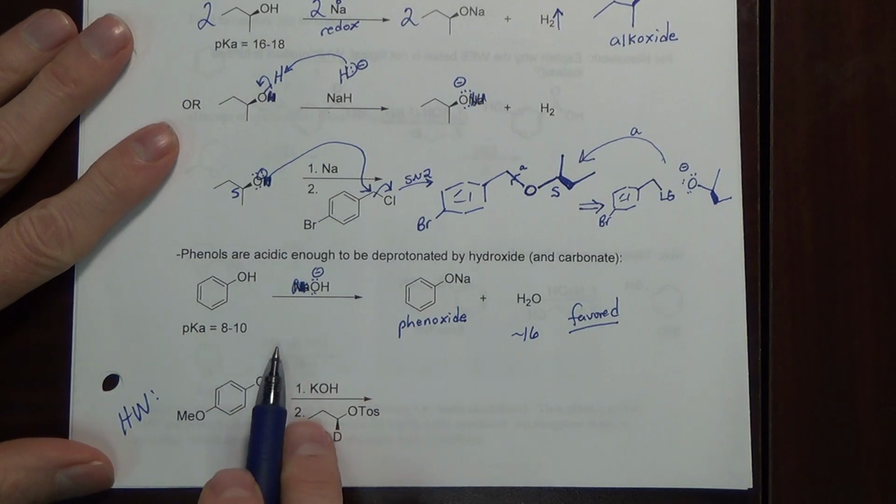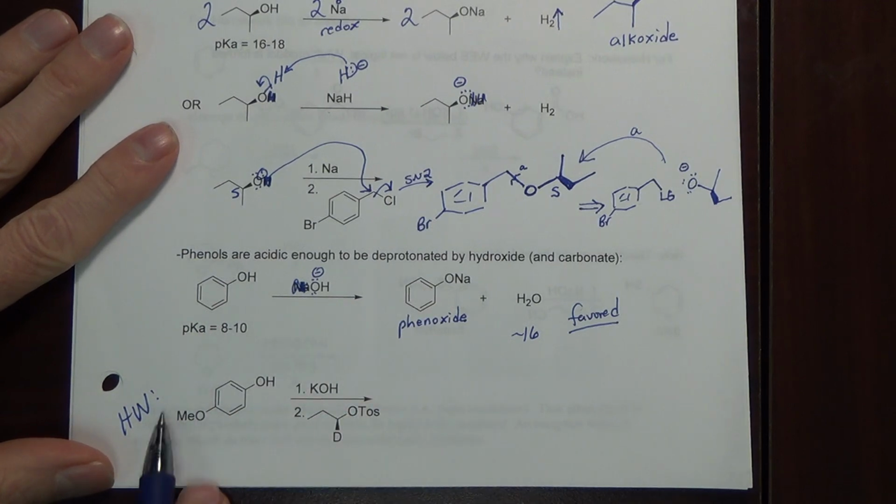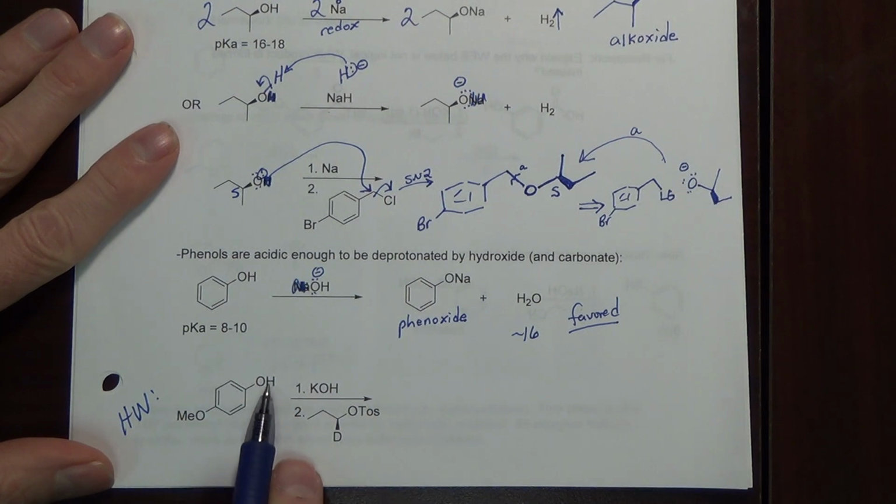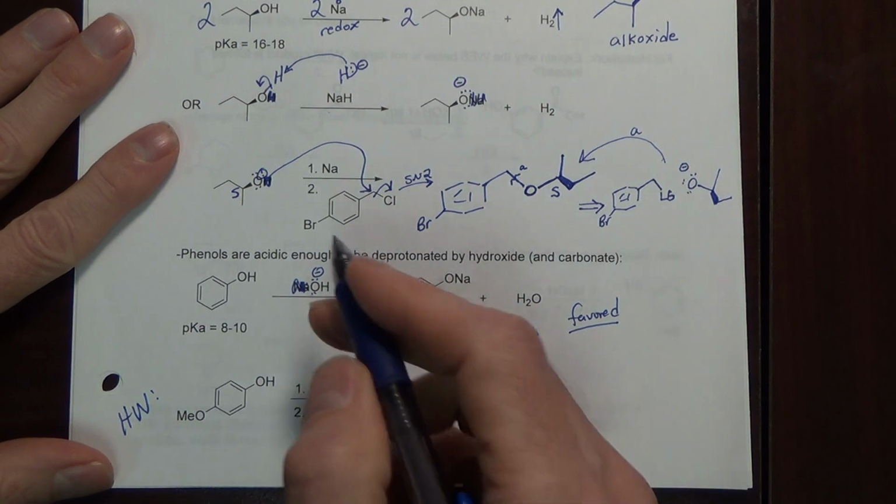As shown just above, this ether substituent, this methoxy group, is just going to be an unreactive substituent in this reaction. The hydroxide will deprotonate the phenol and convert this to the phenoxide.